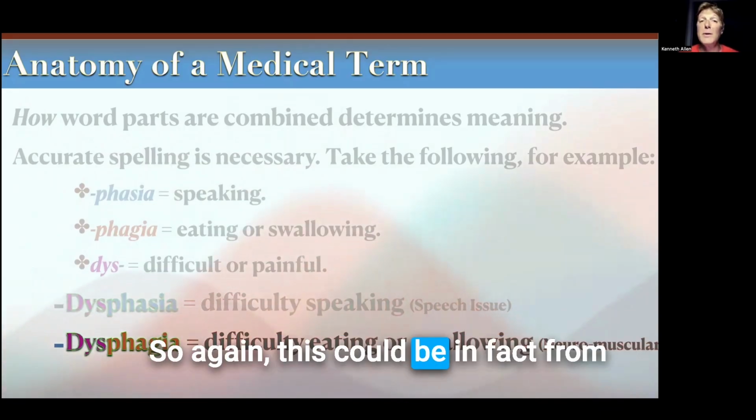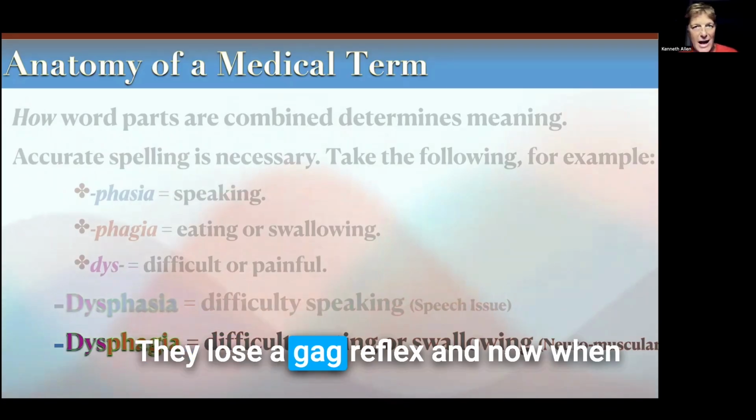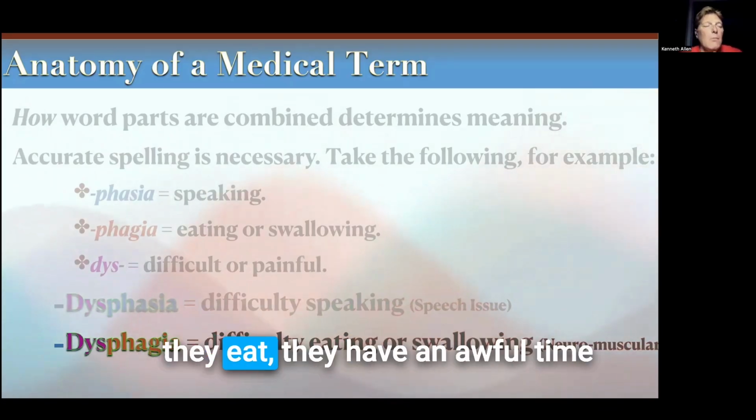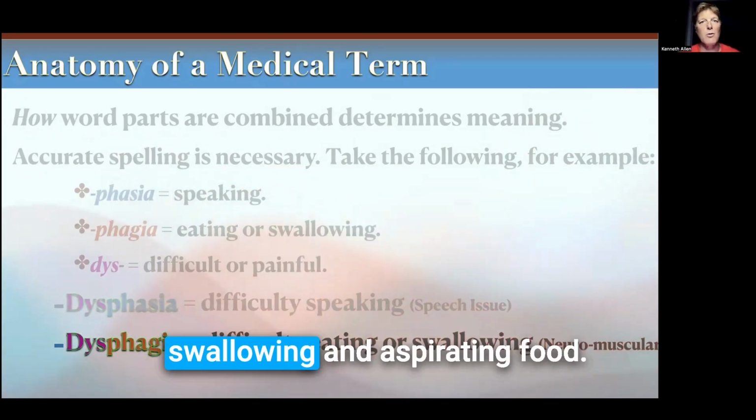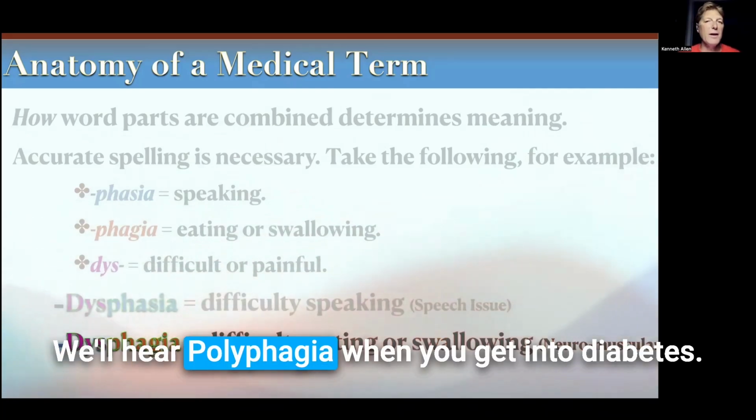So again, this could be, in fact, from people that have had strokes in the past. They lose a gag reflex, and now when they eat, they have an awful time swallowing and aspirating food. We'll hear polyphagia when you get into diabetes.